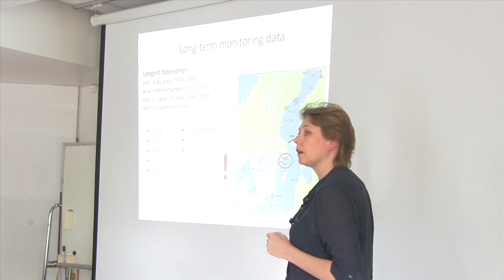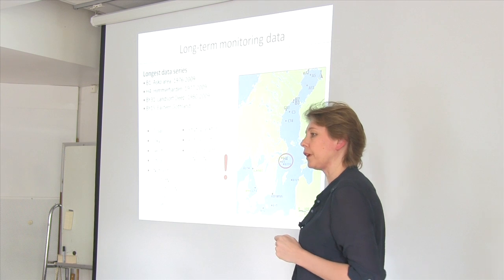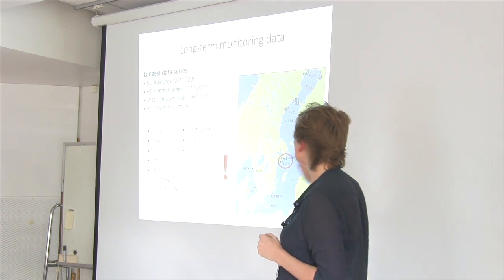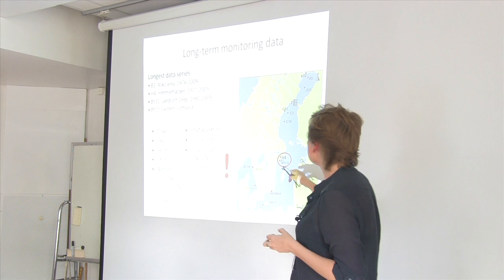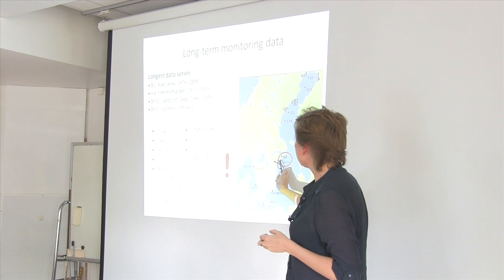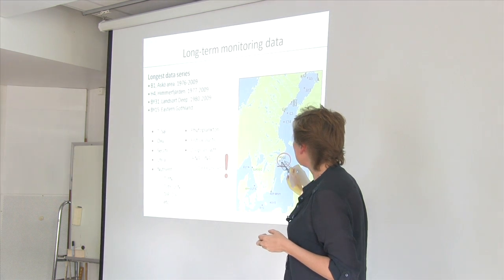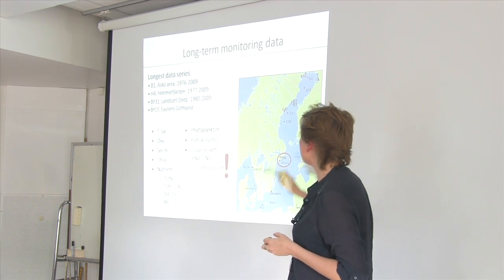It's not technically a monitoring station, but since we have been taking samples within the Hemifjärden eutrophication study, these data are very good and very interesting to combine with the rest of the data.